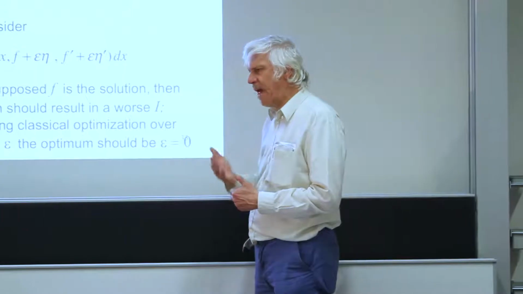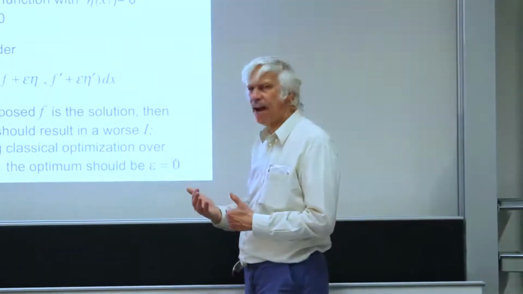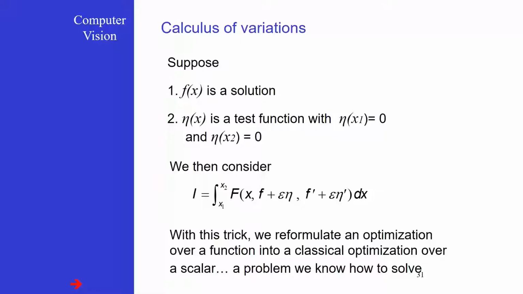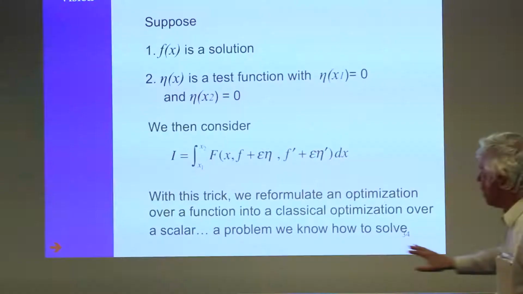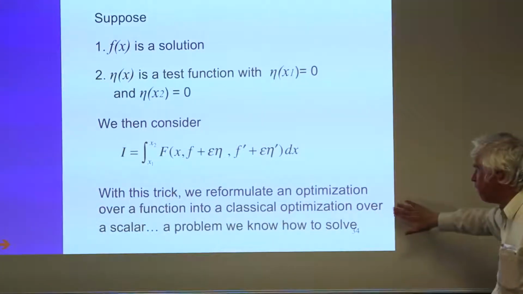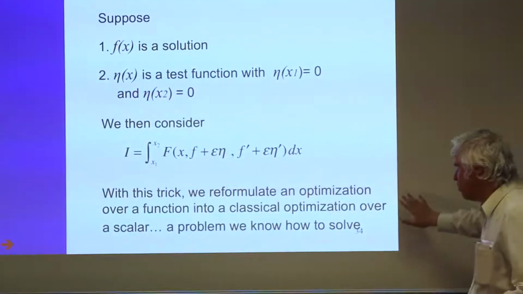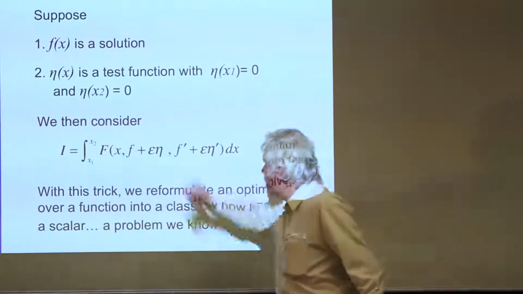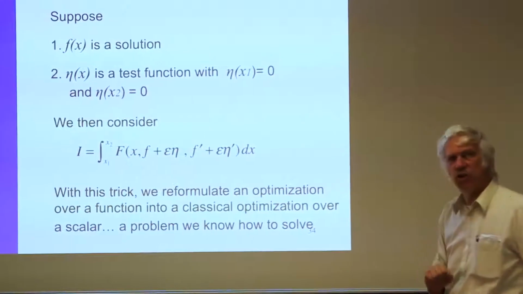A classical problem as a function of a scalar, in this case, epsilon. And that's the trickery here. Because we know what to do with that kind of a problem. So, with this trick we reformulate an optimization over functions in general into classical optimization over a scalar, epsilon. And we know what to do with that.